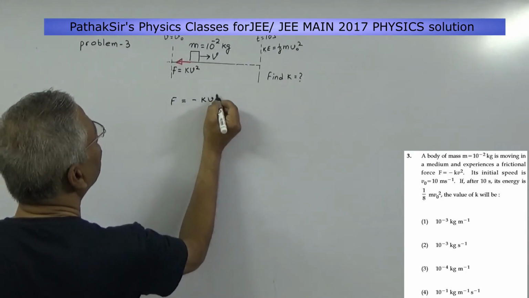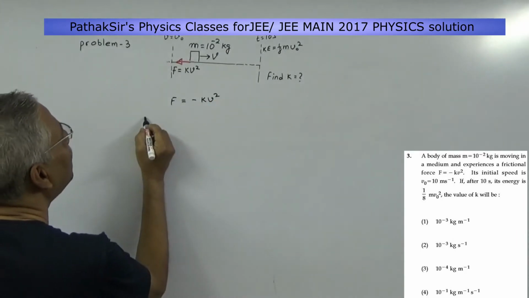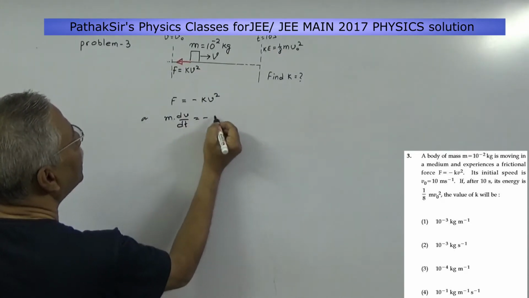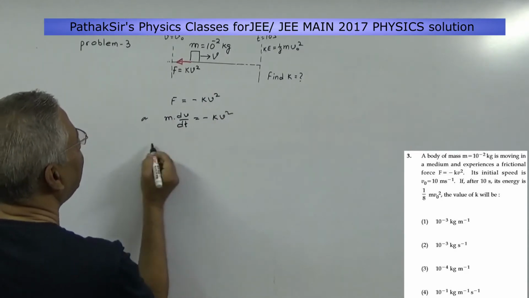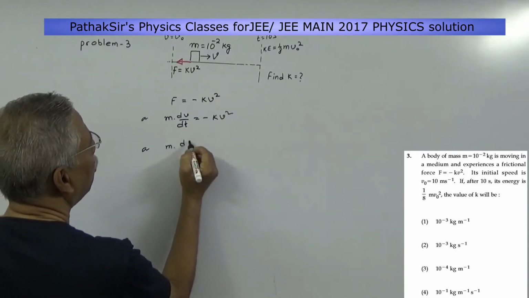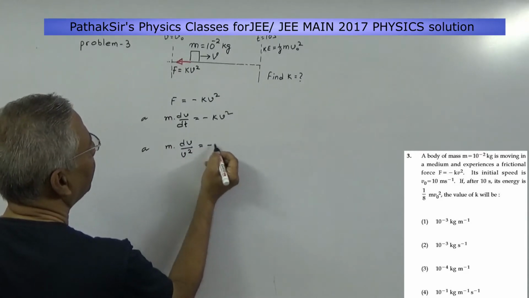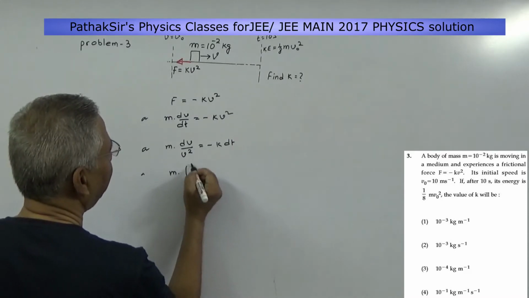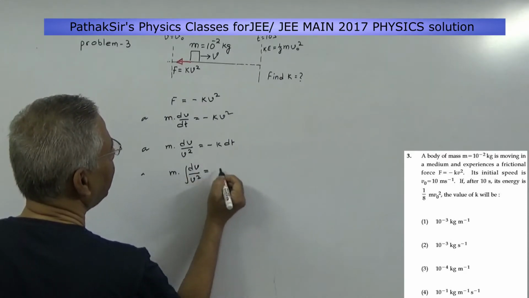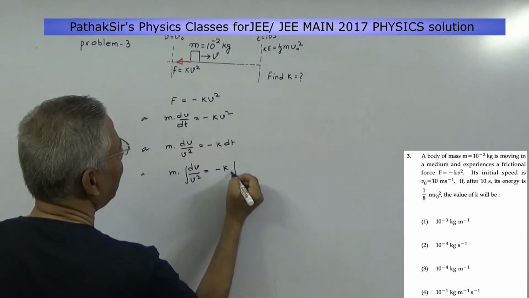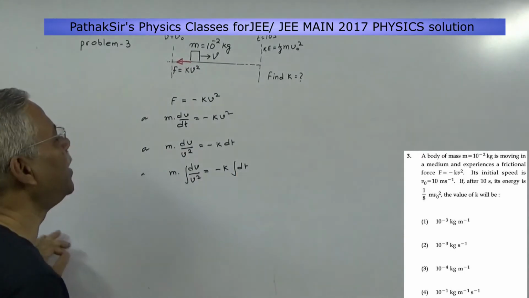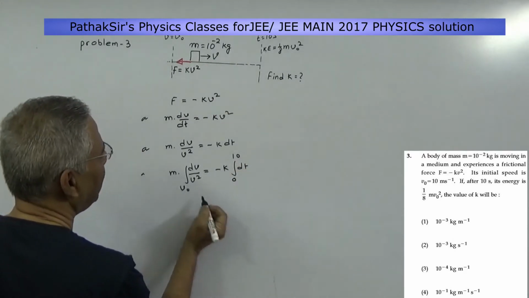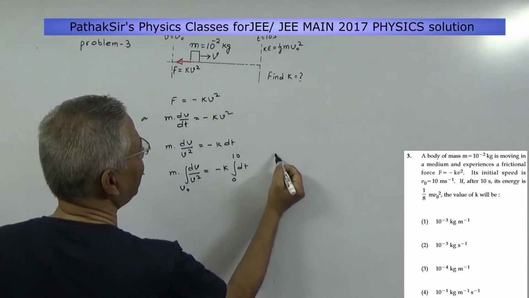F equal to minus kv square, or m into dv by dt equals minus kv square, or m integration dv by v square equals minus k integration dt, limit of t 0 to 10 seconds, v initial velocity, final velocity can be calculated.